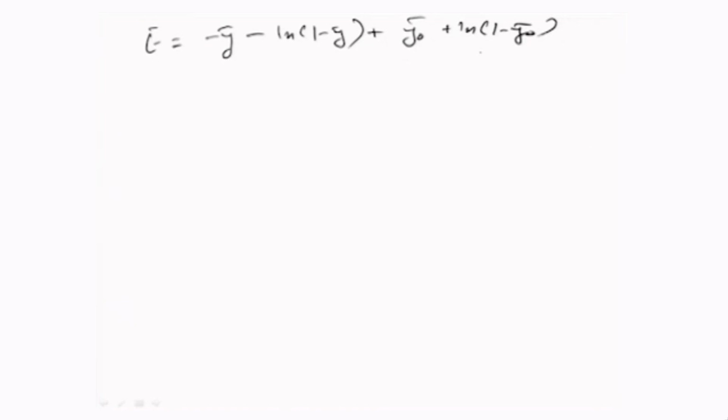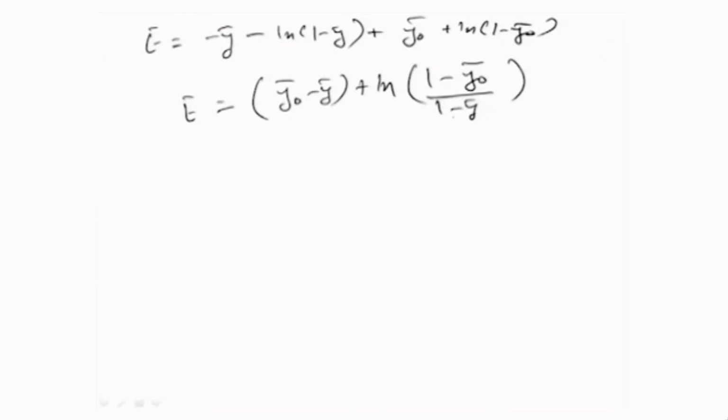In other words, t dash can be expressed as y0 dash minus y dash, plus ln of 1 minus y0 dash by 1 minus y dash.